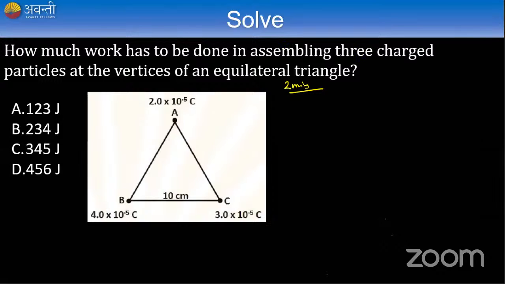Okay, guys. So I think 2 minutes have passed. So I'll give you a hint. I think with this hint you can solve. Say if I have 2 point charges. Say I have point A at position A, I have one charge. At position B, I have another charge.